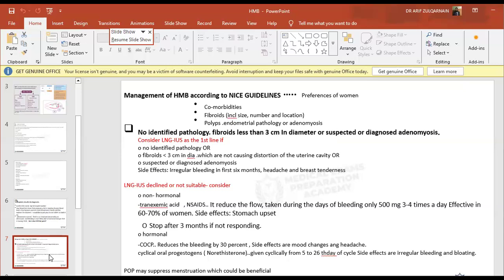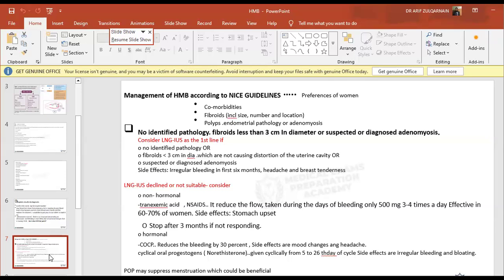With tranexamic acid and NSAIDs, we will tell the patient that it will reduce the flow, and it will be taken only during the bleeding days in a dose of 500 milligram 3 to 4 times a day. It is effective in 60 to 70% of the women. But we will also tell the side effects, that it can cause stomach upset, and we will stop after 3 months if you are not responding to this treatment.